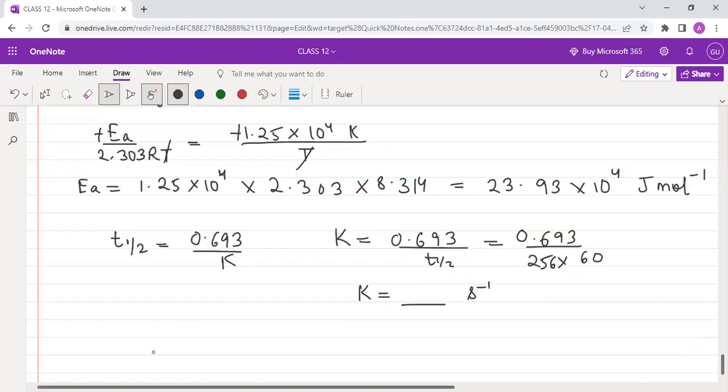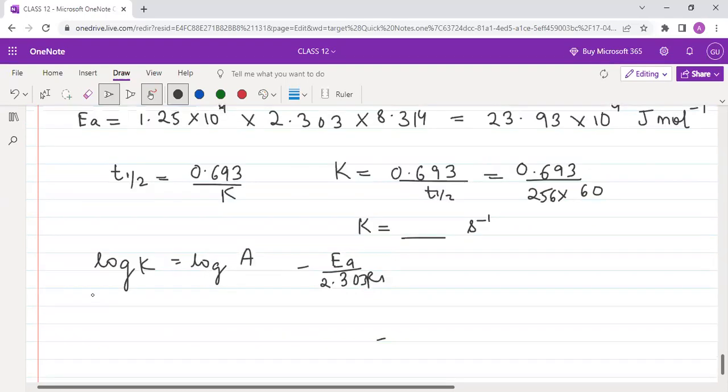Then you have to calculate the temperature at which this K holds. Again you'll use log K is equal to log A minus E by 2.303 RT. You got the value of log K from K, so you'll substitute that value here.